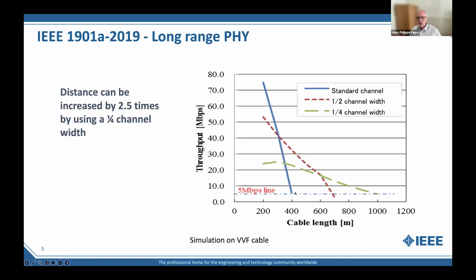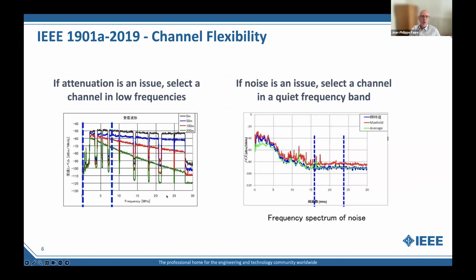But when we reduce the channel width, and if we do by 4, this is the green dotted line, then you see that, of course, the maximum speed is reduced, but the distance is increased because we can still have 5 megabits per second over 1,000 meters.